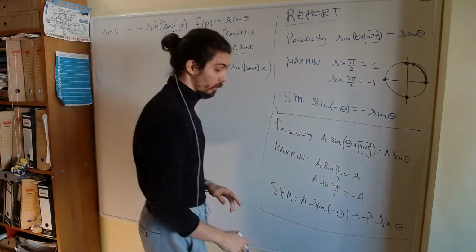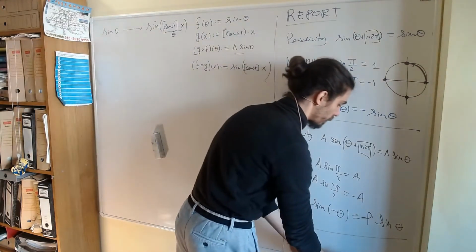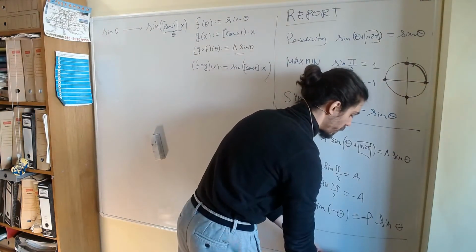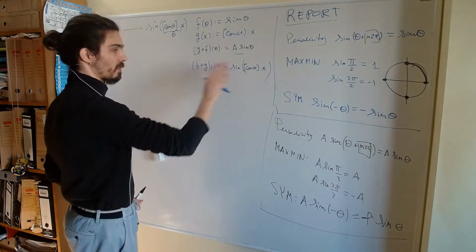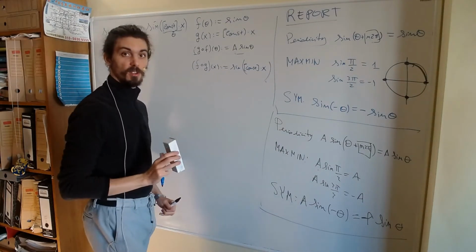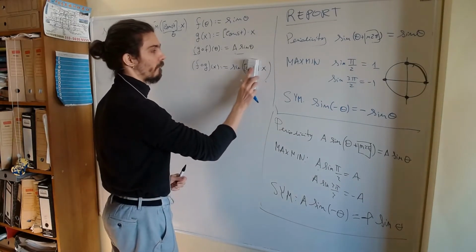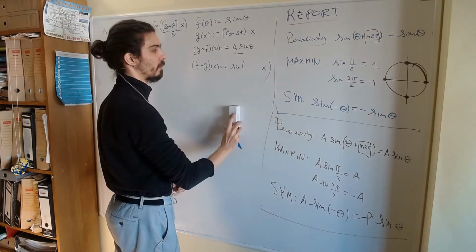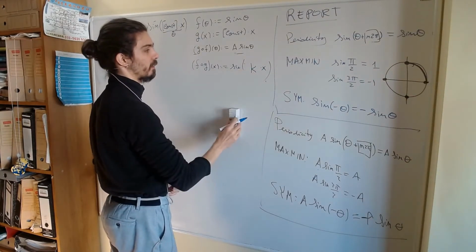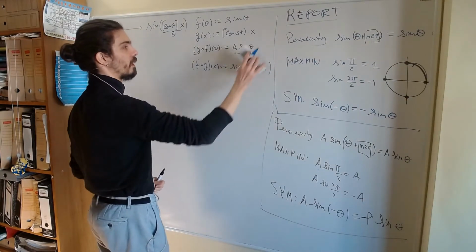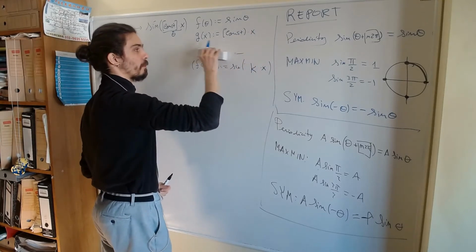Well, I don't want to carry this constant around, and I'm going to give it a special name. Not a, because a is reserved for the amplitude. Let's call it k. Here is k. Okay? And let's erase this because this is from the previous example.